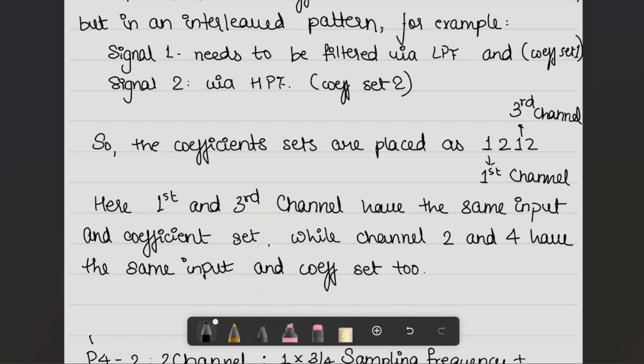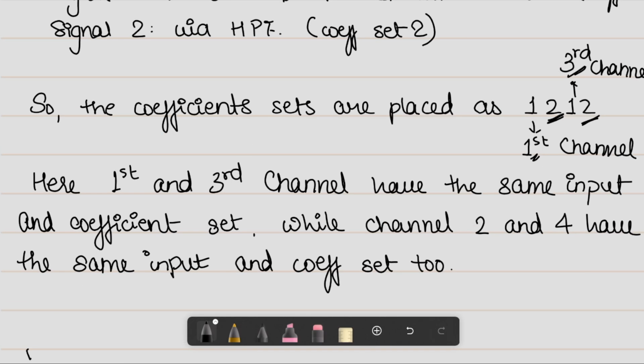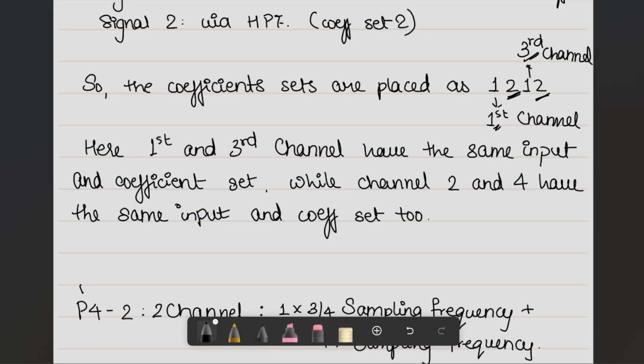Now the coefficient sets that need to be placed are in the format of 1, 2, 1, 2. So at every first and third place I have the same low pass filter, and at every 2nd and 4th place I have the high pass filter. This is done as the first and the third channel have the same input signal and coefficient set, while channel 2 and 4 have the same input and coefficient set. This makes sure that the input is filtered via the same coefficient set.